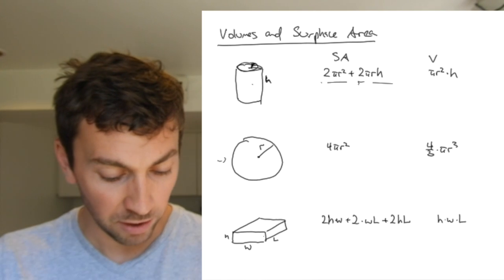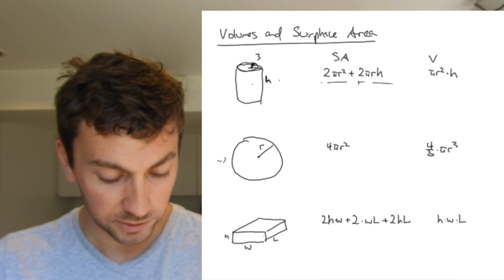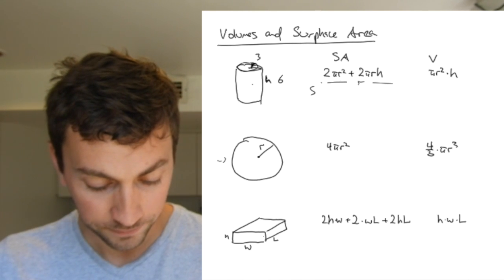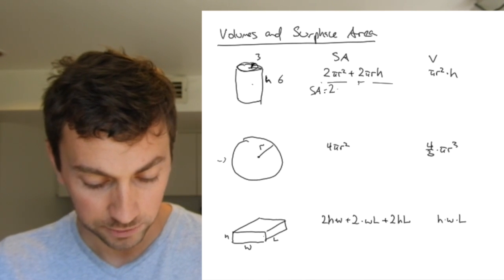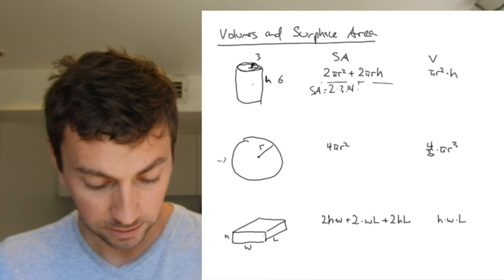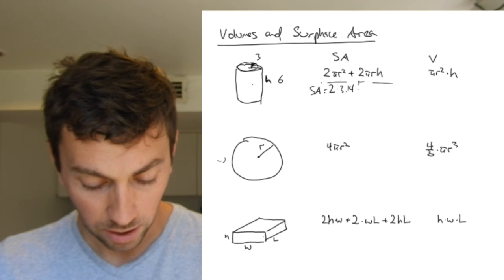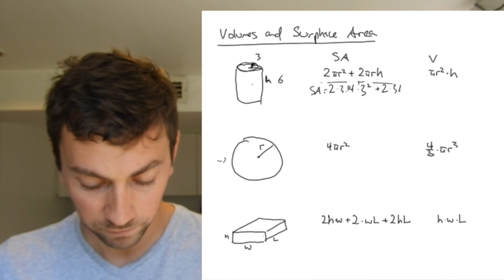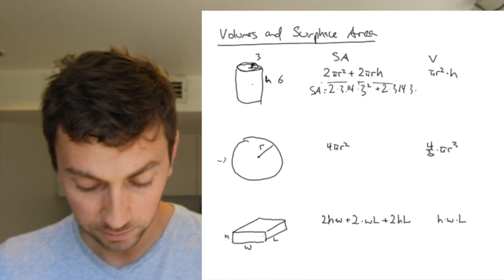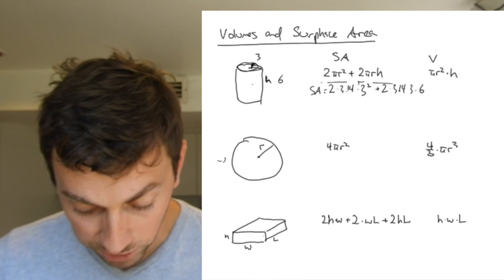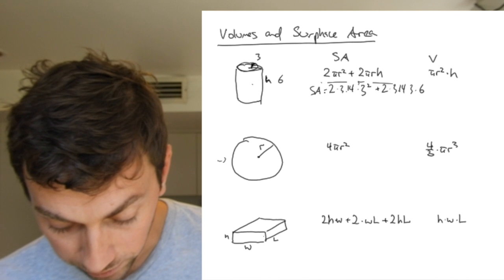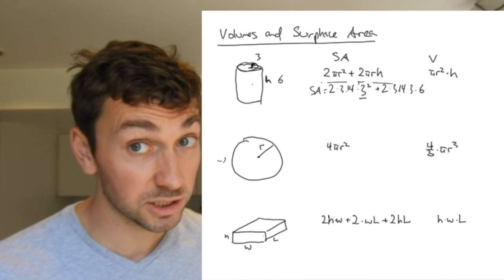Imagine if my r was 3 and my height was 6, then my surface area would be 2 times 3.14 times 3 squared plus 2 times 3.14 times 3 times 6. I'm just going to do that on my calculator. It's important to remember when I do 3 squared, I square it first.